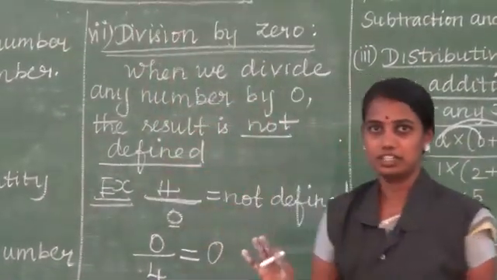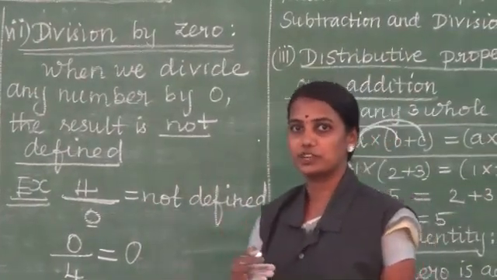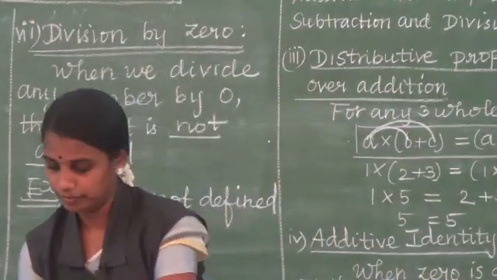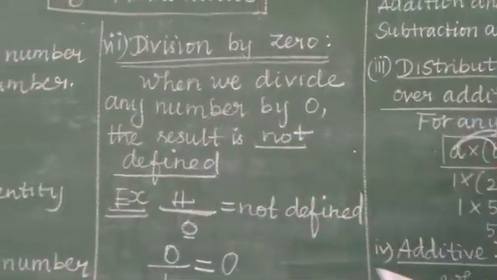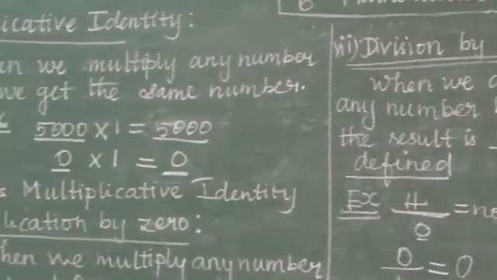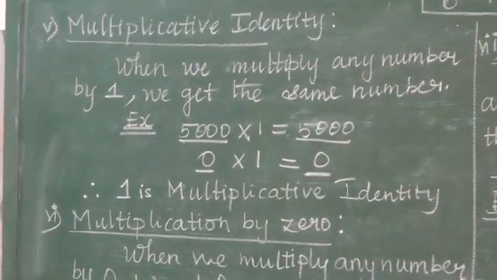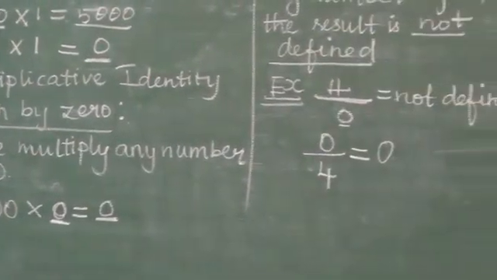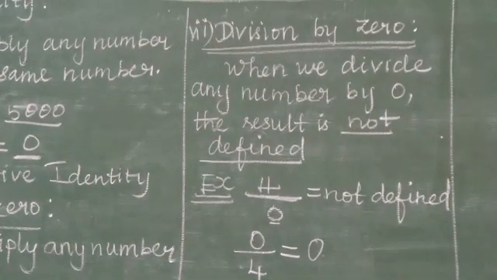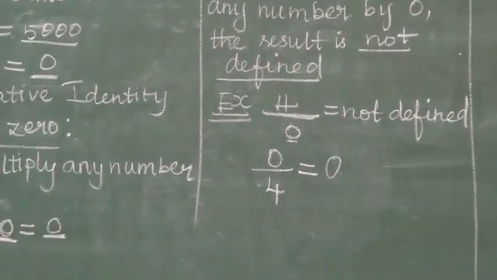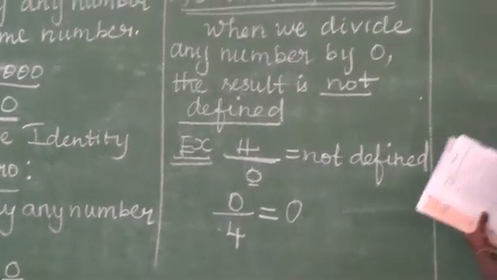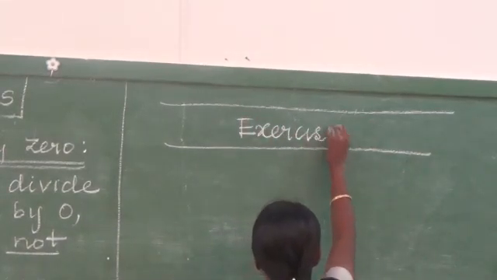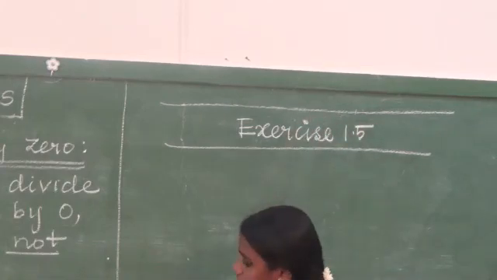So totally, 7 properties we completed. Based on these 7 properties only, we are going to see the exercise. Now we can go for Exercise 1.5.